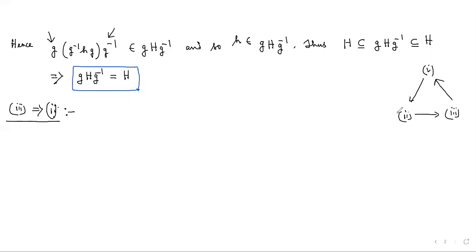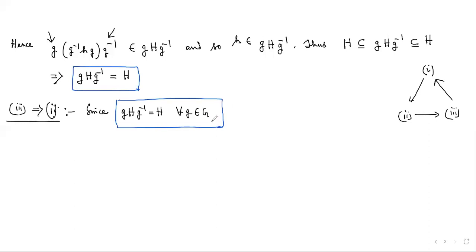And if this kind of cycle can be shown, then we say that the statements are equivalent. Since gHg inverse equals H for all g belonging to capital G, this is the condition of statement 3.